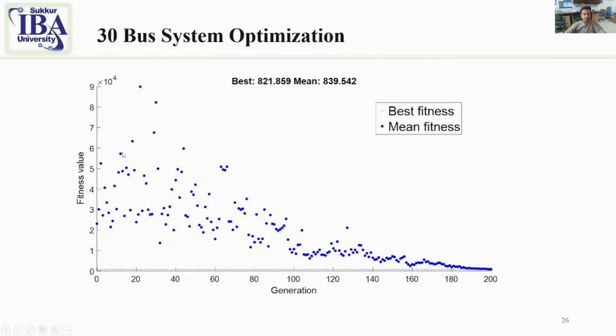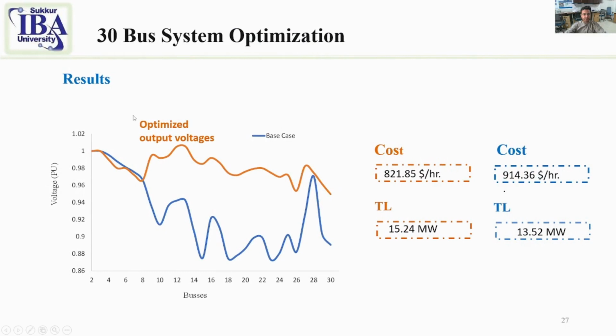So this is how the genetic algorithm works. Actually it tries to find the best fitness value over the generations, and when it reaches a good fitness value, you can say, then it gives the result. So this is the first time we try to optimize for the cost, and you can see here the voltage levels have been improved.